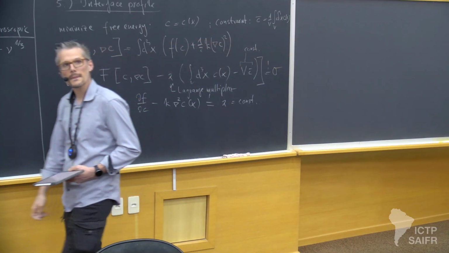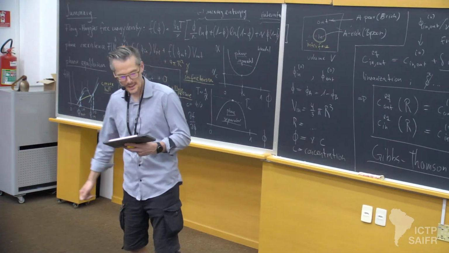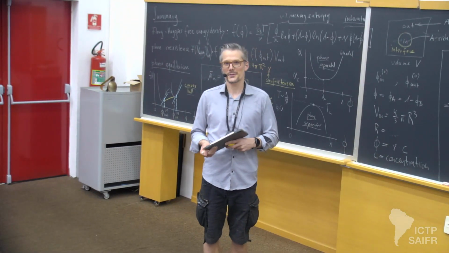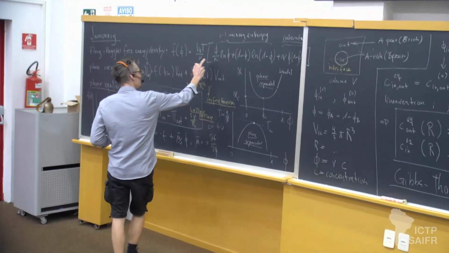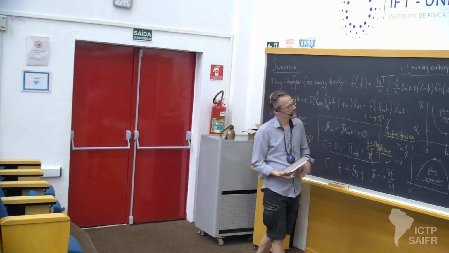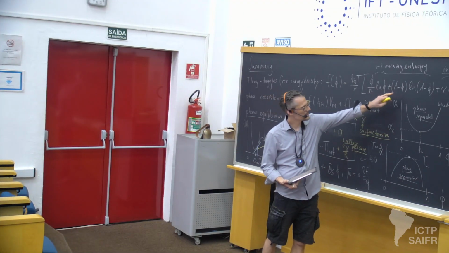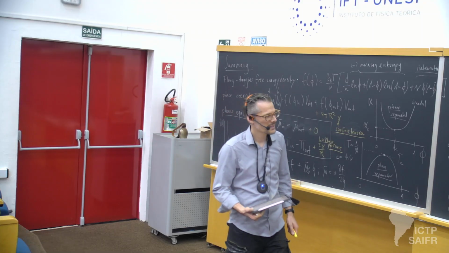Now I can solve this differential equation. This is a very difficult differential equation, in particular when you use this Flory-Huggins free energy. The mathematical reason is the logarithms. They are really difficult to solve.